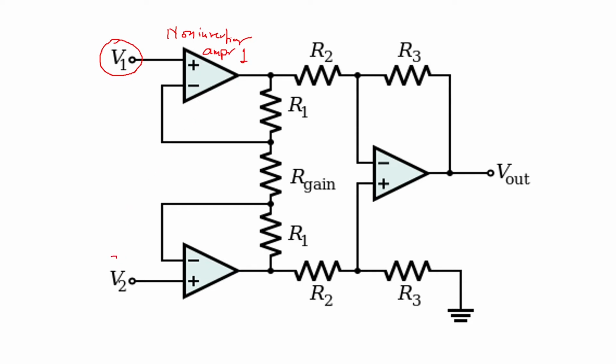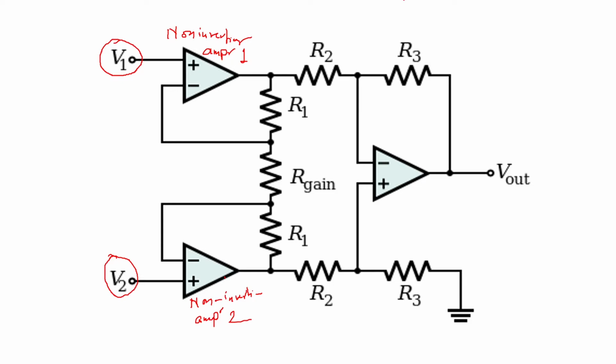Similarly, you have one more input here, V2, and here you have one more non-inverting amplifier. This is non-inverting amplifier number 2. These two non-inverting amplifiers form the input stage of your instrumentation amplifier. So in the input stage, we have two inputs, V1 and V2.